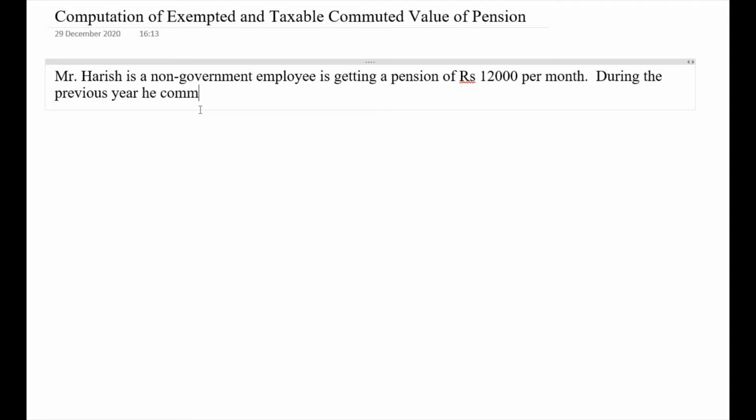He commuted 2/3 of his pension and received rupees 2 lakhs.